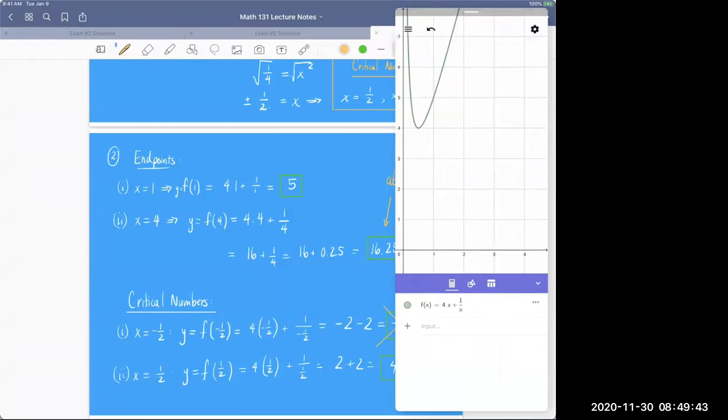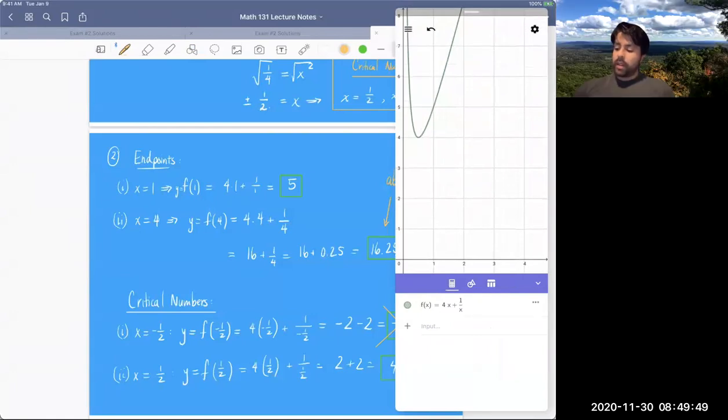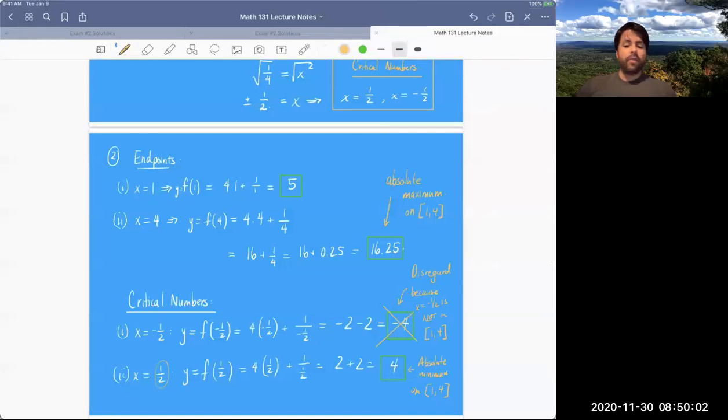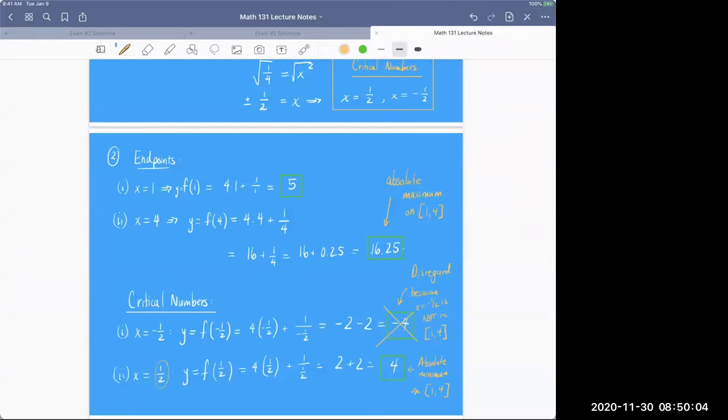Is it 4? No, actually, it's not 4, guys. Do you see why? It's for the same reason. 1/2 is not in the interval between 1 through 4.